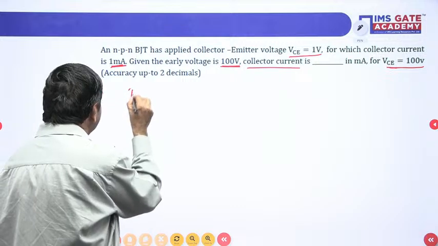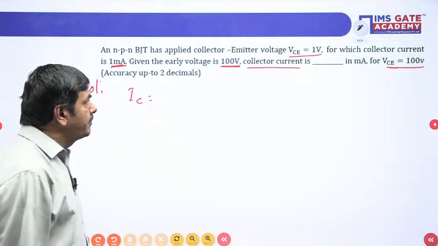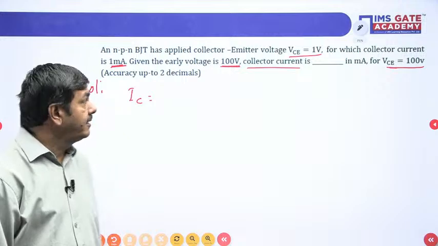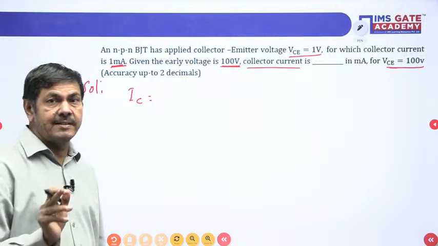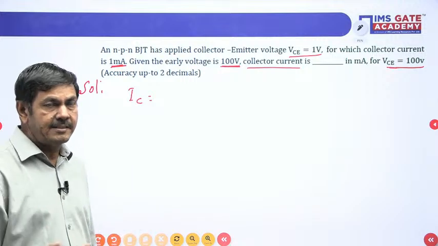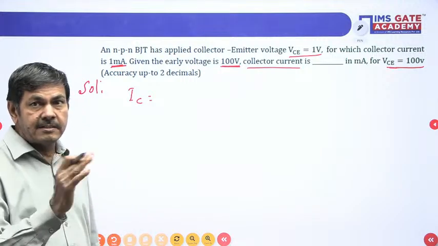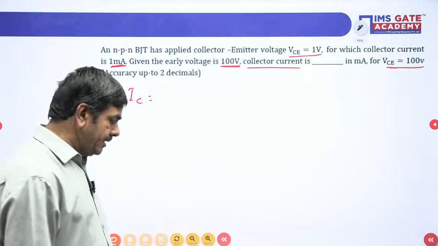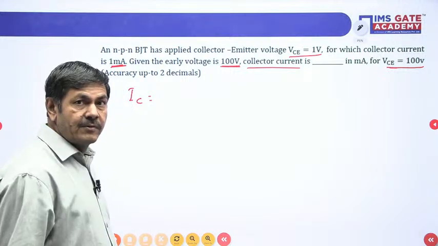You know very well, the collector current is determined if the Early voltage is given. If the Early voltage is not given, it is taken directly as infinite and should not be considered in that problem.